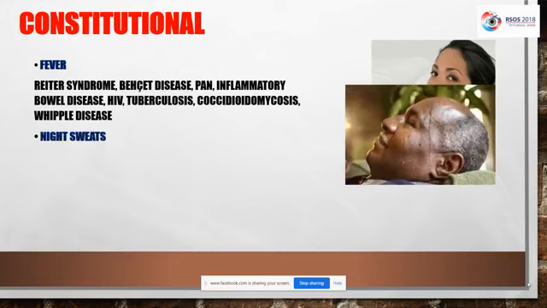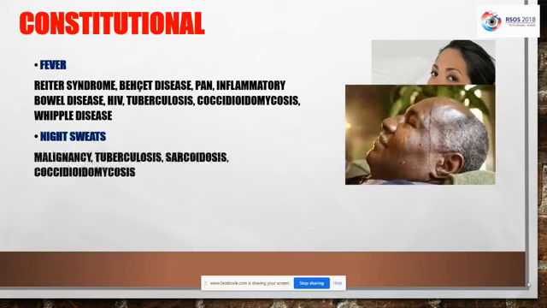Also, night sweats are very important for excluding tuberculosis. Also, it's one of the important symptoms in those patients with malignancy, or those patients with sarcoidosis or with mycosis. So the night sweats should be highlighted in those patients.